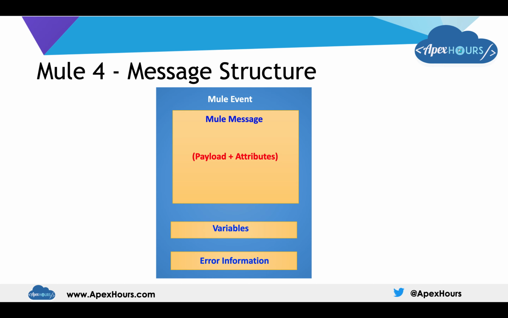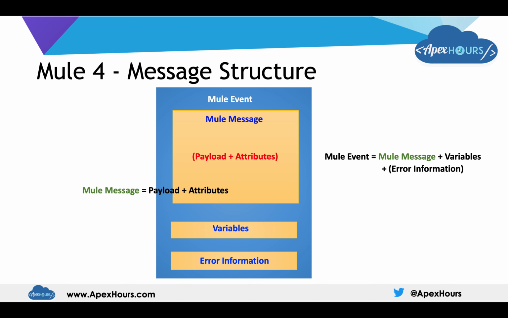So a Mule event is the combination of Mule message plus variables plus error information. This is really important because in the examination they might ask what a Mule event consists of. Then you have to say Mule message plus variables plus error information. Then what is a Mule message? A Mule message is nothing but your payload plus attributes. So this is about the Mule event or Mule message structure.